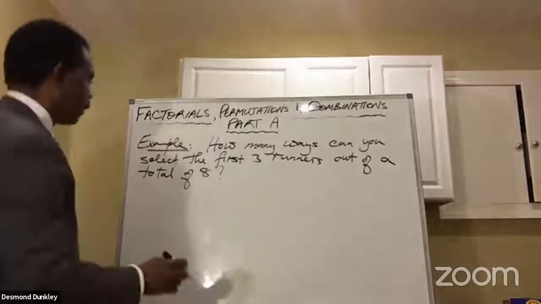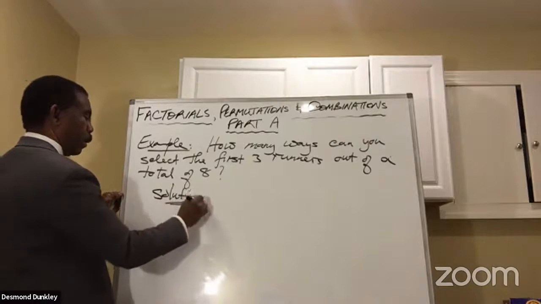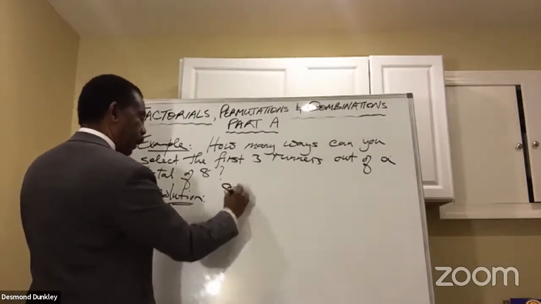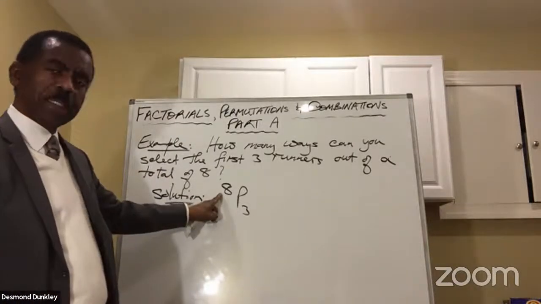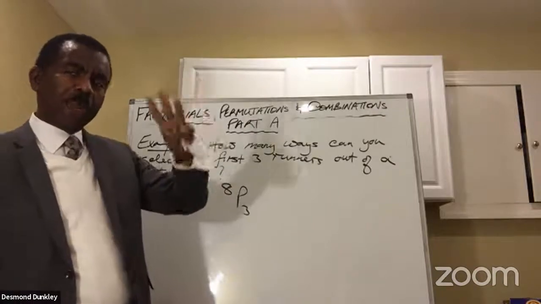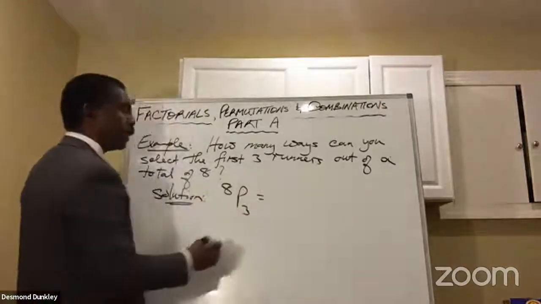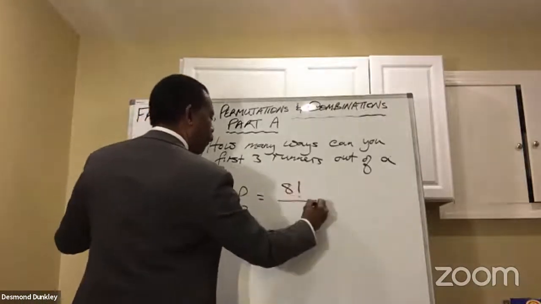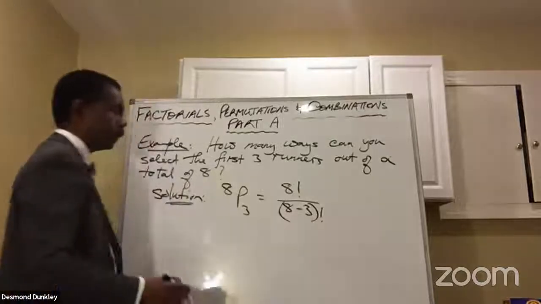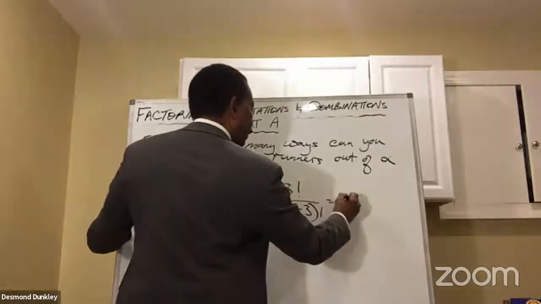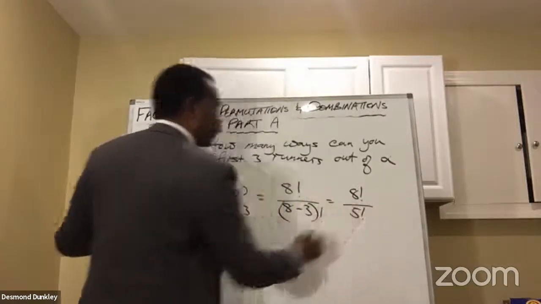First, second, third. So the solution is going to be 8P3. So it's 8 items, 8 runners, but we want to find out how we can arrange the 3 top finishers. Okay? So how many ways can we do that? It's going to be 8 factorial over 8 minus 3 factorial.